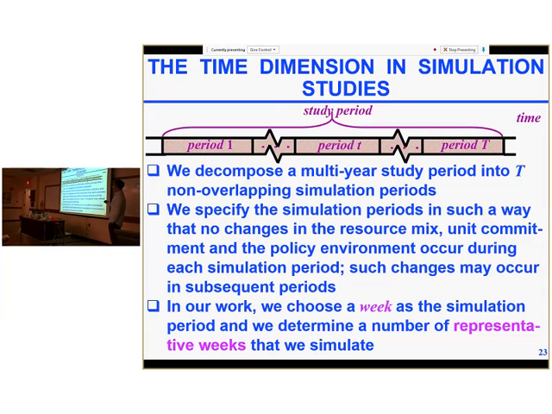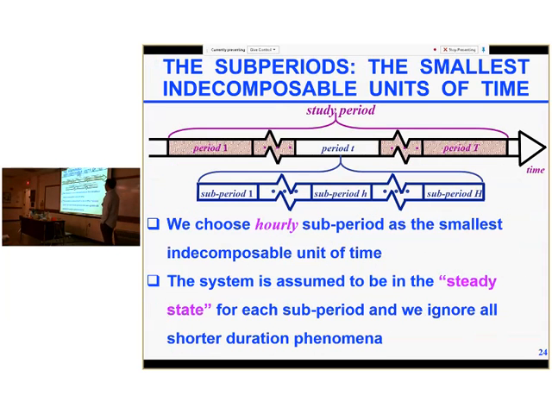We choose a week as the simulation period, and we pick some representative weeks to simulate in our work. We also choose the hourly subperiod as the smallest indecomposable unit of time. In each subperiod, we assume the system is in the steady state and all the shorter duration phenomena are ignored.